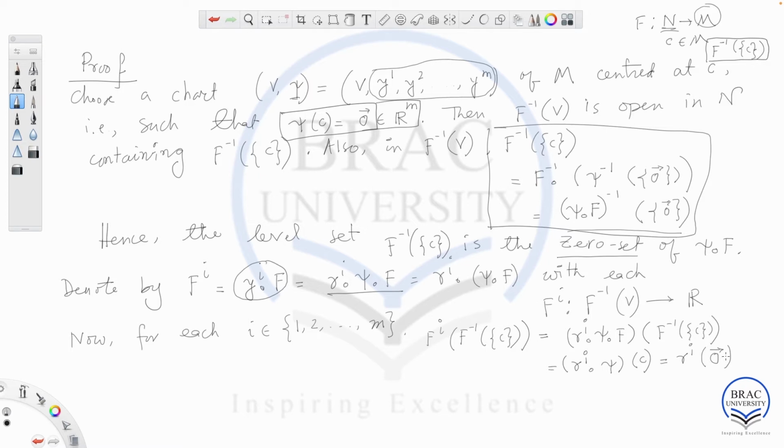The zero vector in the m-dimensional Euclidean space is an m-tuple with each entry being a zero, right? So if we pick up the ith component, that's going to be zero as well. Good.